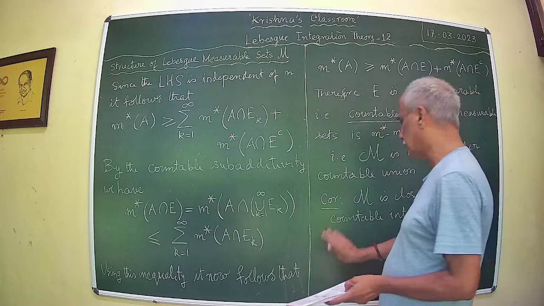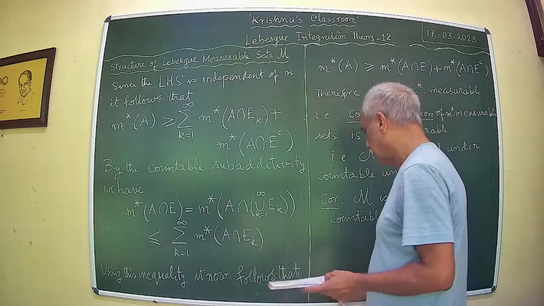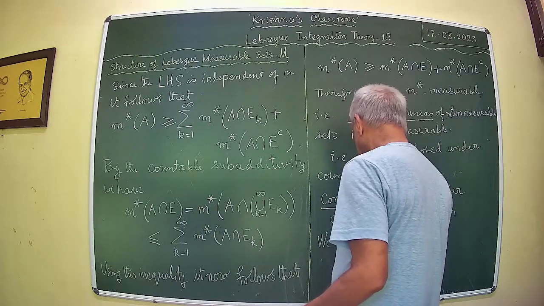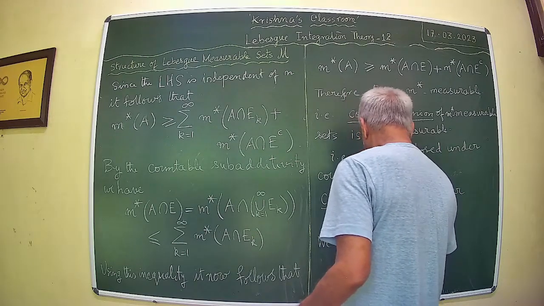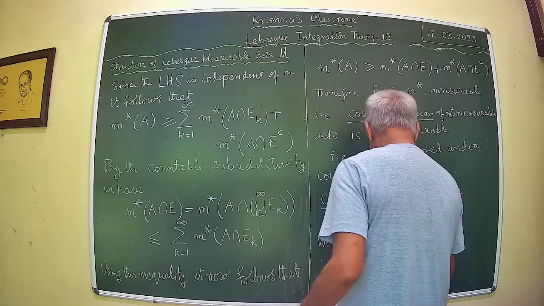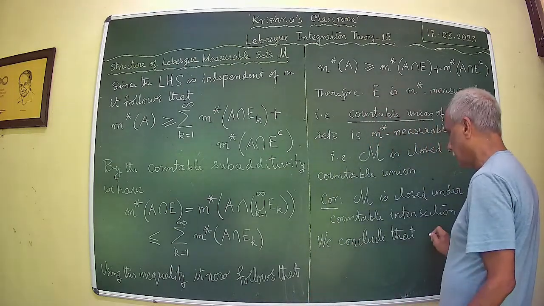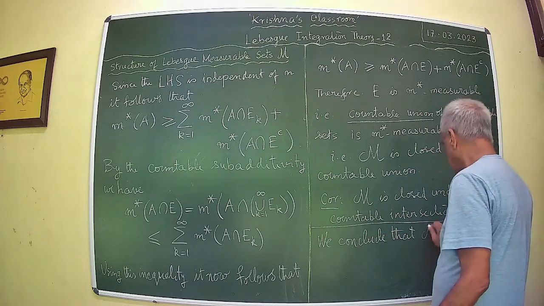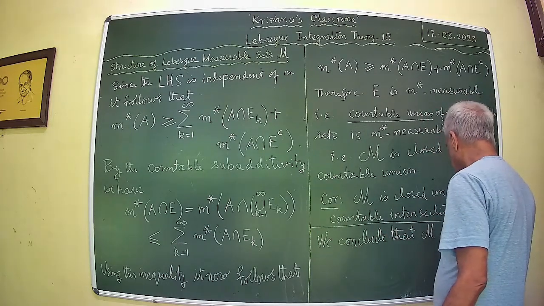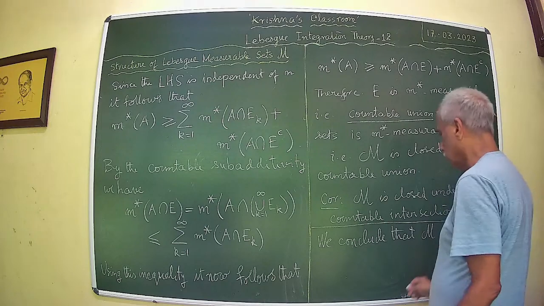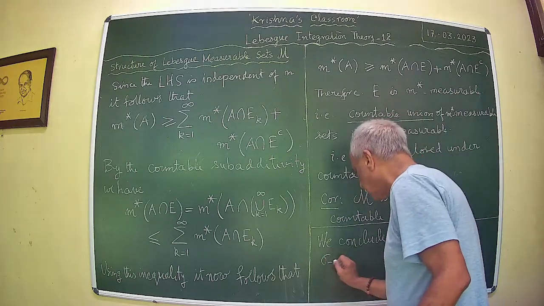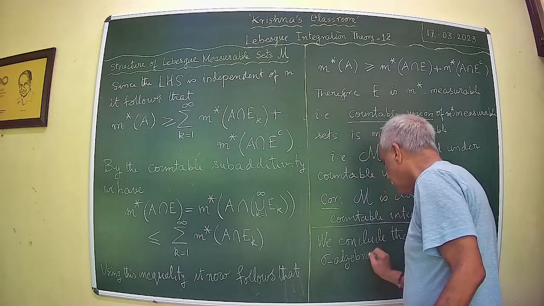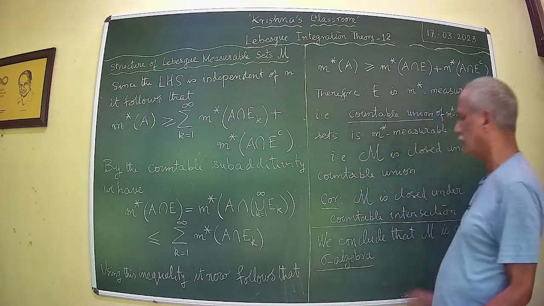Therefore, what is it that you infer? So we conclude script M is a sigma algebra. What does it mean?